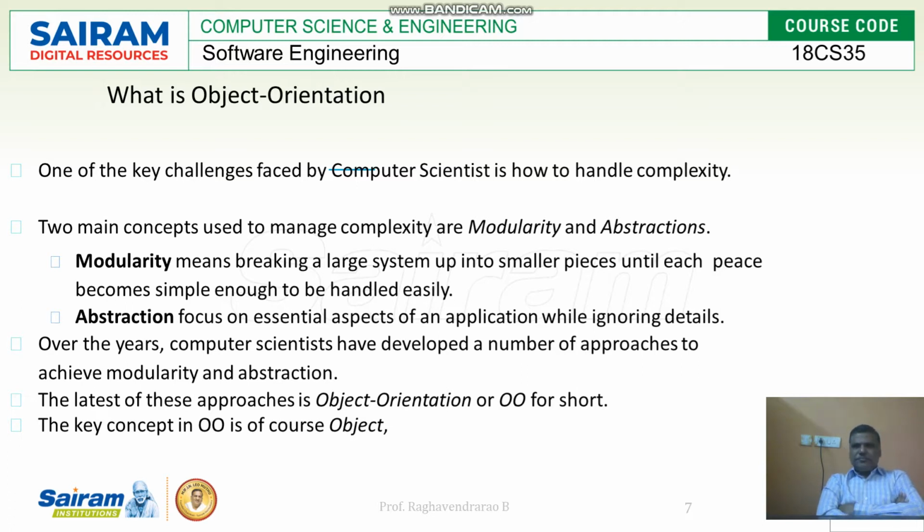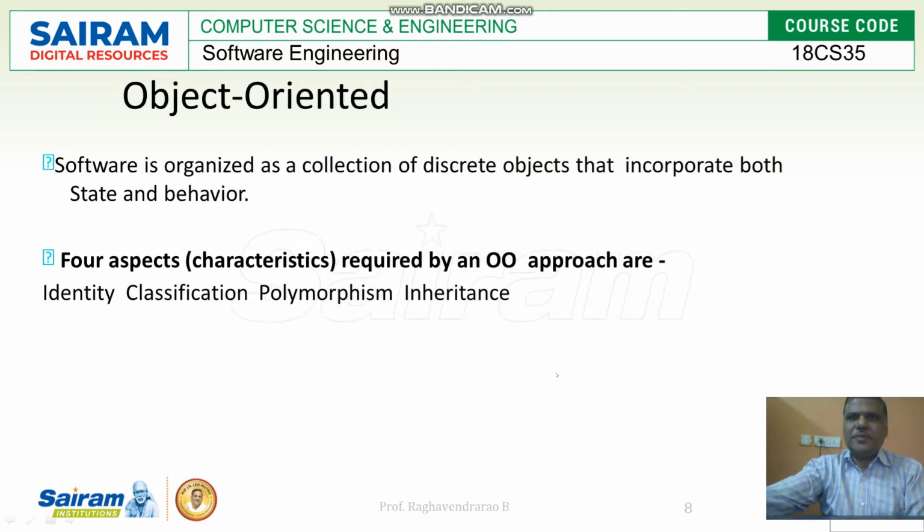For the object-oriented concept, computer scientists have developed a number of approaches for modularity and abstraction. There is object orientation, which they call the OO model.